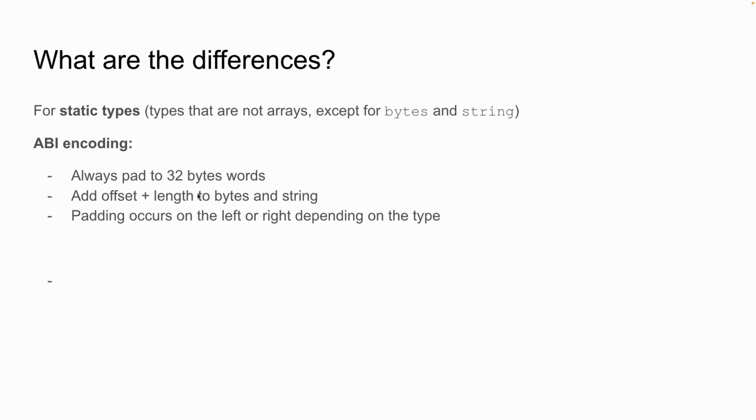For bytes and string, it's always going to add two 32 bytes long words for the offset and the length. And finally, you're going to have some form of padding with ABI encoding. The padding will occur either on the left or on the right, depending on the type. For example, for unsigned integers you will have padding on the left, and for fixed size bytes, like bytes8, bytes16, or bytes32, you will have the 0 padding on the right.